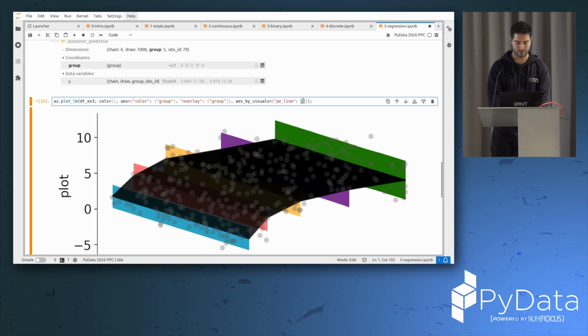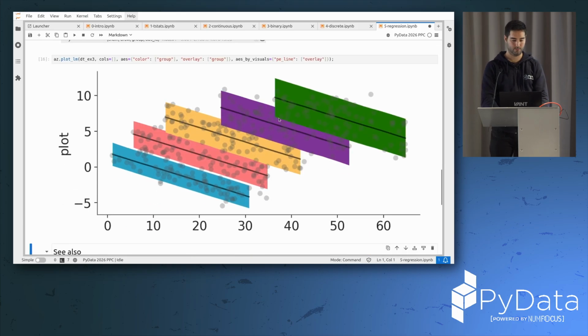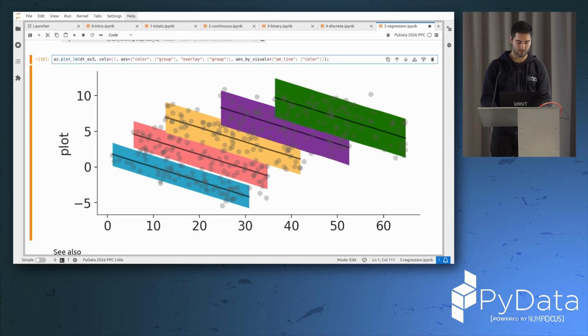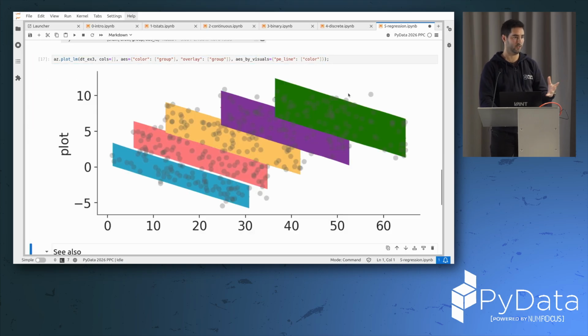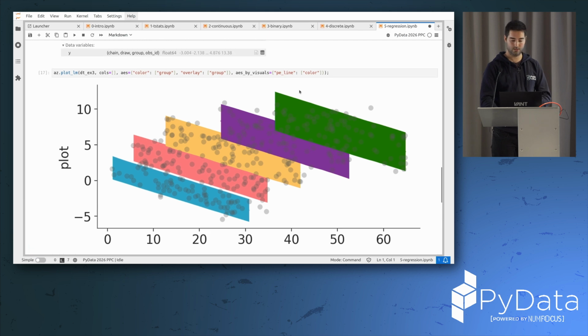If I only say overlay here, it will be overlaid instead of assuming that all of this is the same line, which links them together in a crazy way. And if I say color, it will also take the color, so we cannot see it anymore.